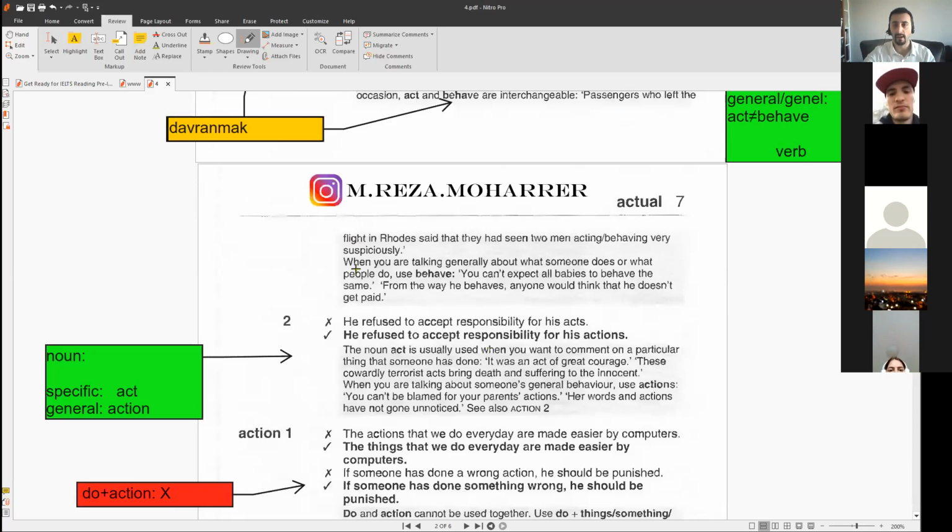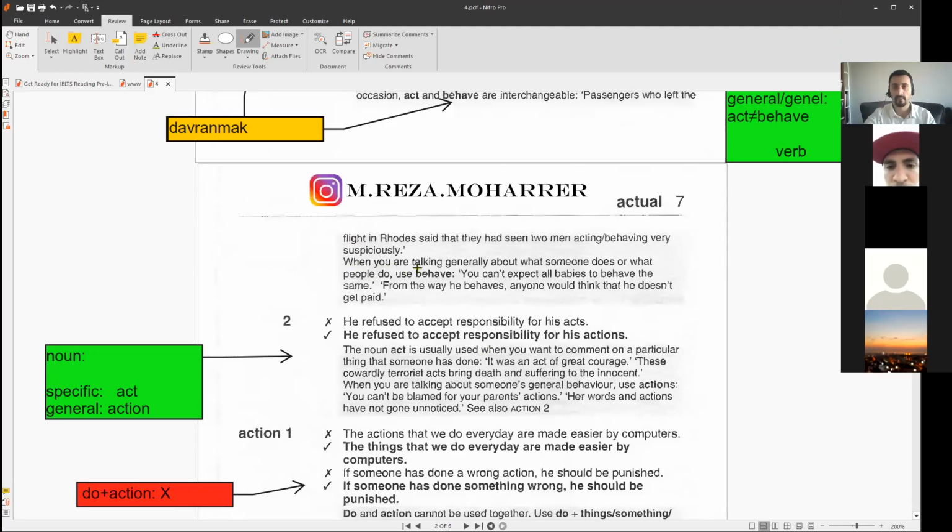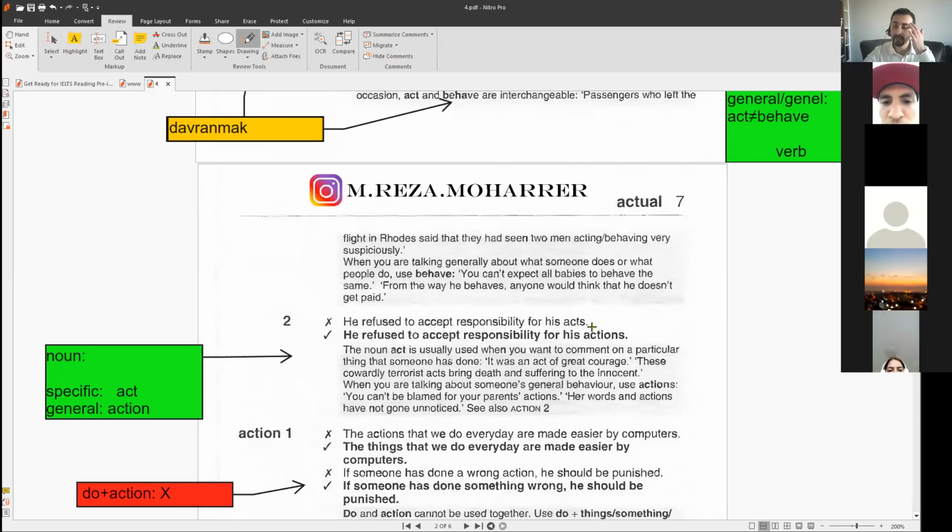So here we have another part. Who wants to read it? Can I? Buket, please. When you are talking generally about what someone does or what people do, use behave. You can't expect all babies to behave the same.